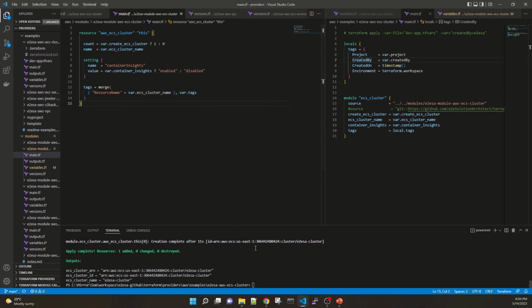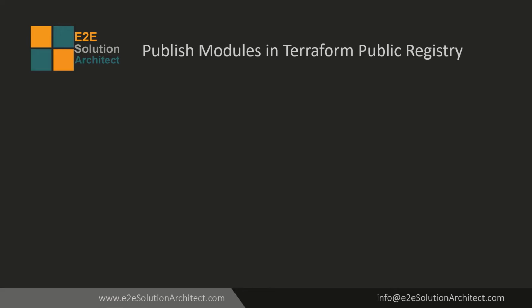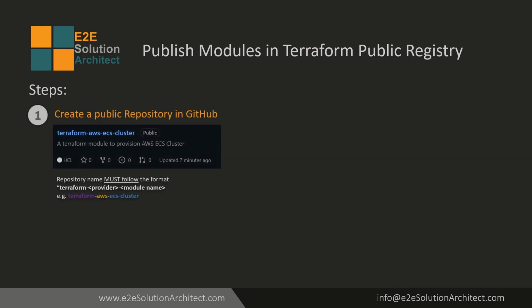Now the final part of this session is to show you how to publish the module in the Terraform public registry, and there are 4 steps for it. Let me explain that, and after that I will show you practically. The first step is to create a public repository in GitHub.